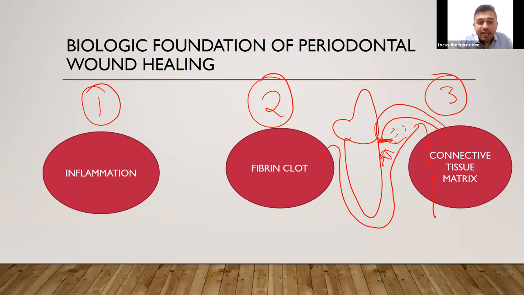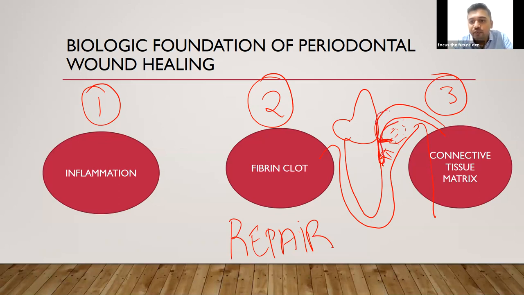Okay, but when you have repair occurring, that is the most common outcome that you get. What happens? This epithelium grows down onto the root surface till where the base of the pocket was, and it ends up forming your long junctional epithelium.